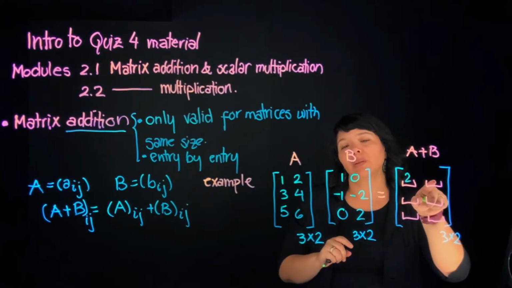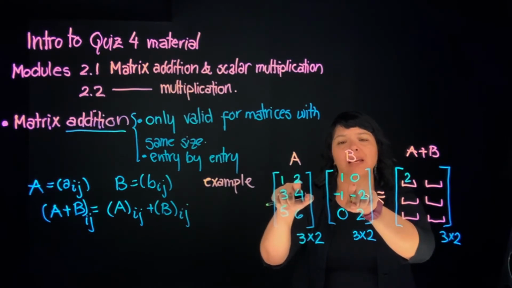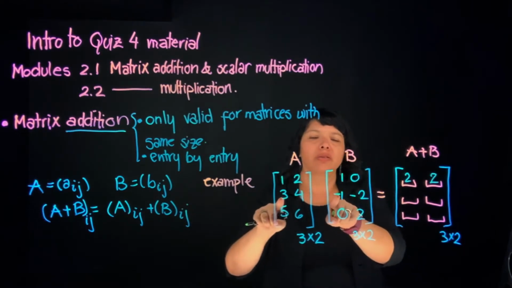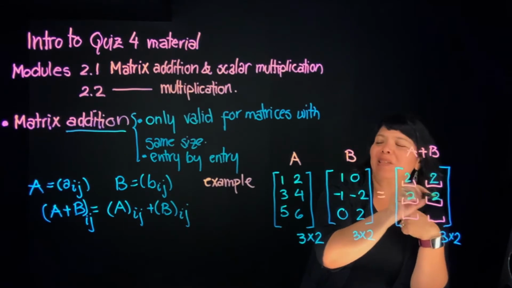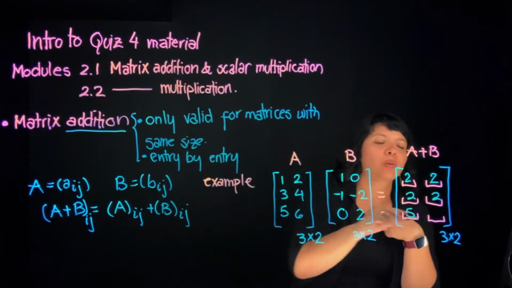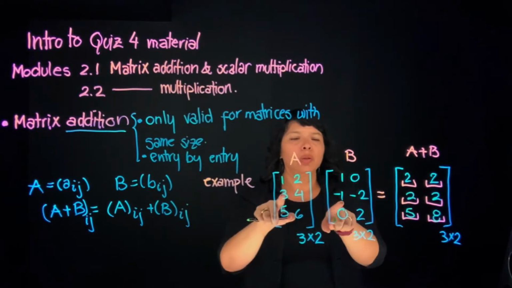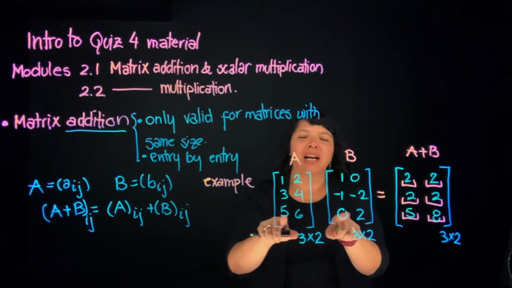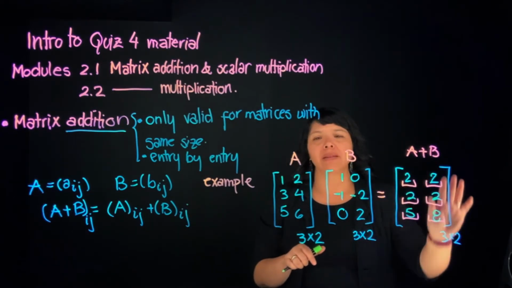Entry 1,2 comes from the corresponding 1,2 entries in each of A and B. So 2 plus 0 is 2. And so on. So 3 minus 1 gives me 2. 4 minus 2 gives me 2. 5 plus 0 gives me 5. And 6 plus 2 gives me 8. Let me just double check: 2, 2, 2, 2 as well, and then 5 and 8. So yeah, this is how the addition works.